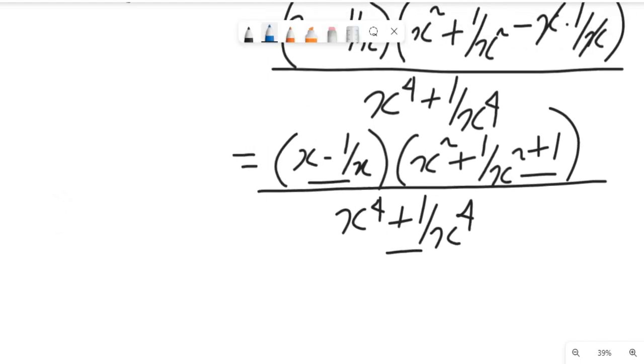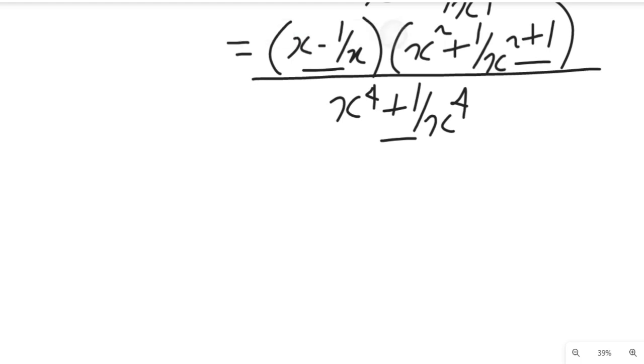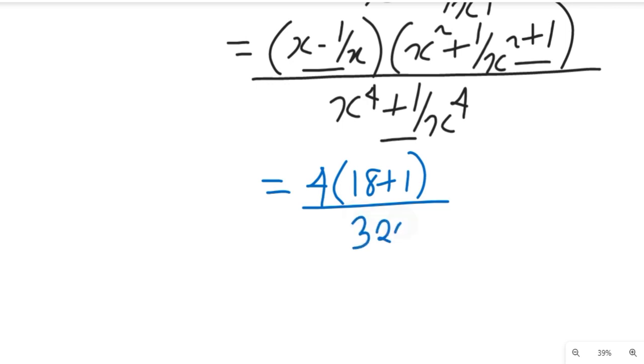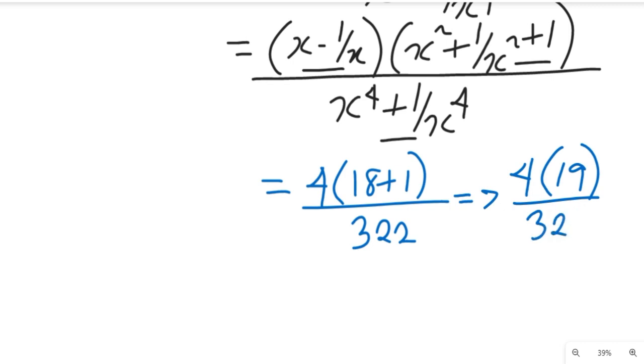If we substitute them into the expression, this will now give us 4 multiplied by, this is 18 plus 1, divided by 322. We'll simplify this. We're going to have 4 multiplied by 19 divided by 322. If 2 goes here to give us 2, 2 will go here to give us 161.